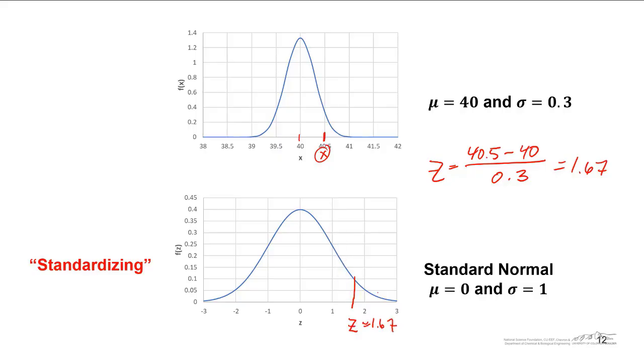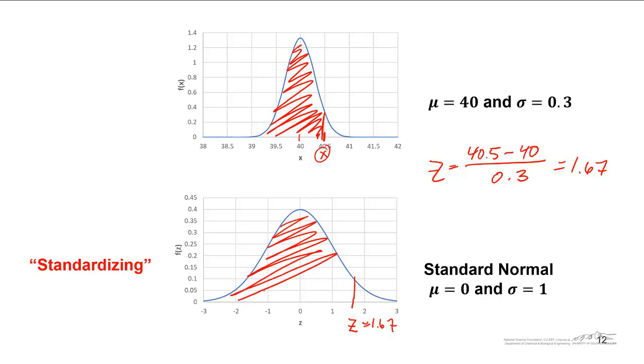They're exactly similar because the area under the curve is always equal to 1. So the probability of x less than or equal to 40.5 would be that shaded region, identically equal to the probability that z is less than or equal to 1.67 on the standard normal distribution. It's just a similarity solution where we're converting something normally distributed into a standard normal variable.